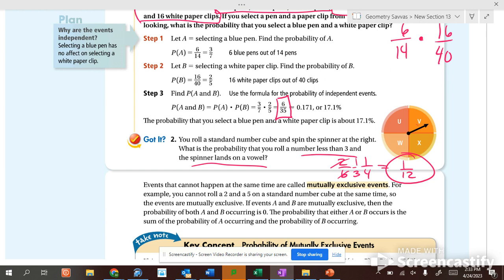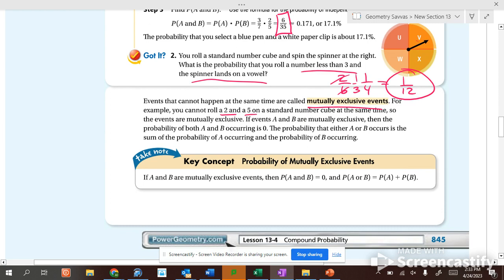Now, events that cannot happen at the same time are called mutually exclusive events. For example, you cannot roll a 2 and a 5 at the same time. So the chances of rolling a 2 and a 5 at the same time are 0. Okay? Those are mutually exclusive.